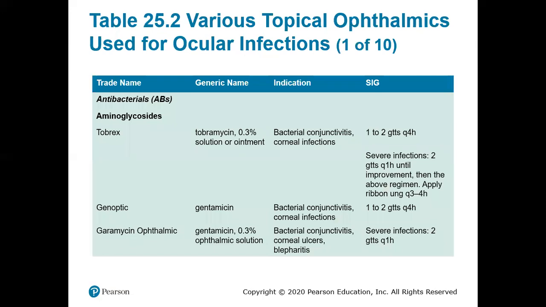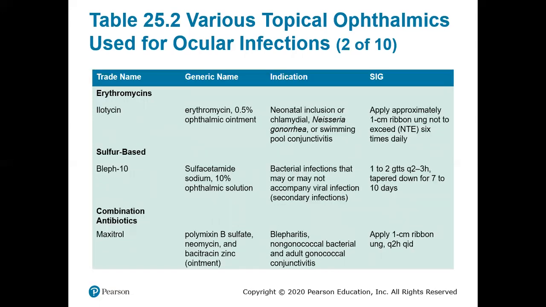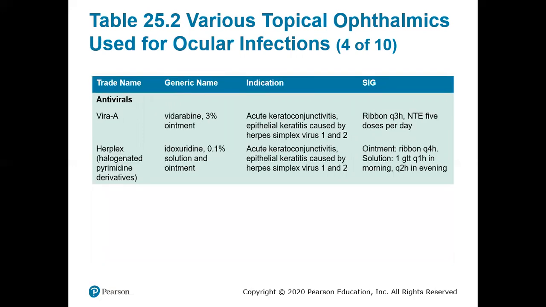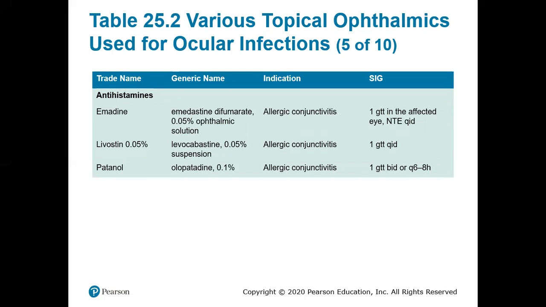So table 25.2, various topical ophthalmics used for ocular infections, is found on page 388. And as you can see, it's quite a detailed list.